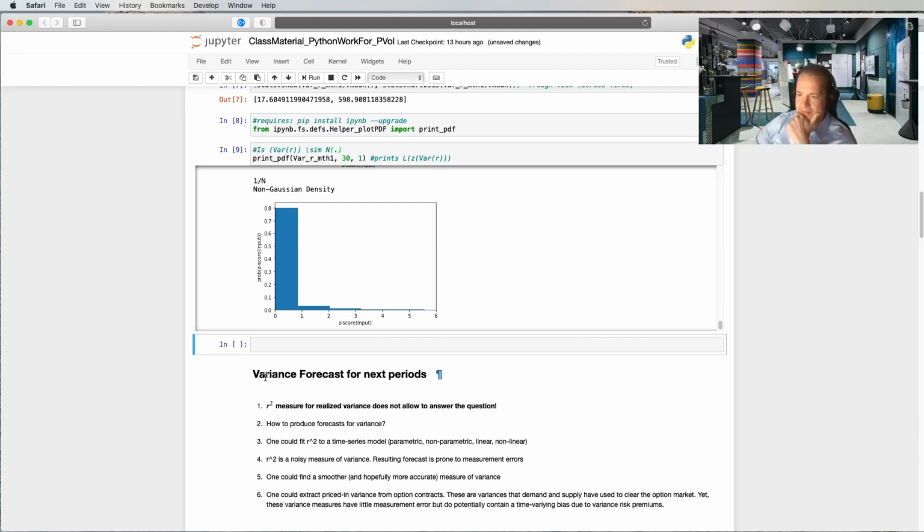Now, next thing is we visualized it and we want to know what's the variance tomorrow? What's the variance in a day, in 2 days from now, 1 week from now? Now, if we take the squared return as a measure for variance, we cannot state variance forecasts just like that.